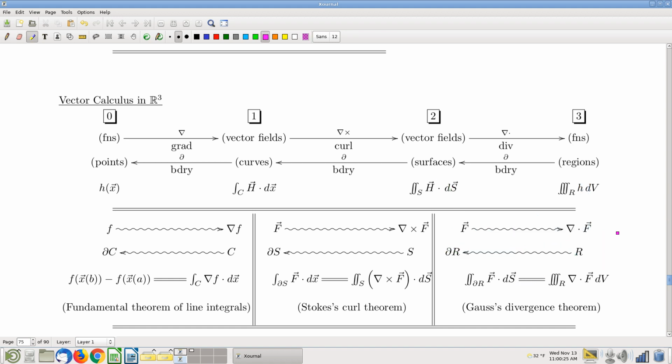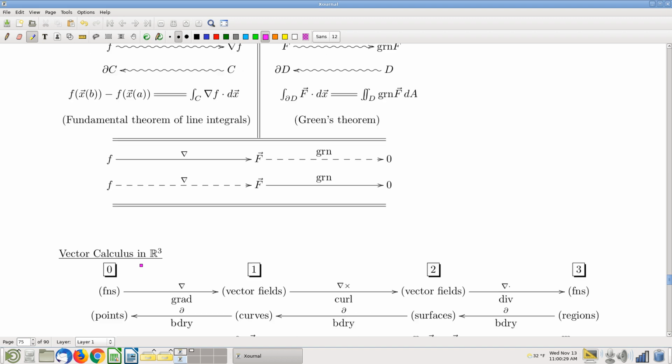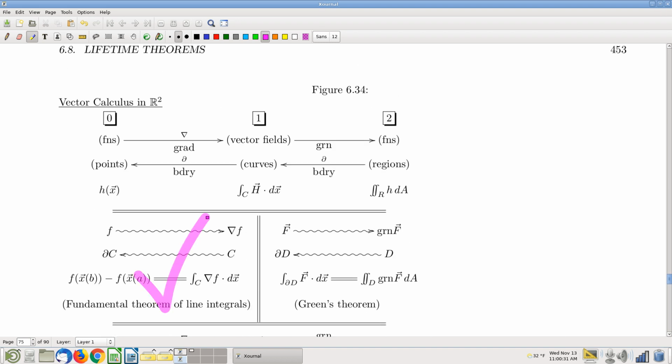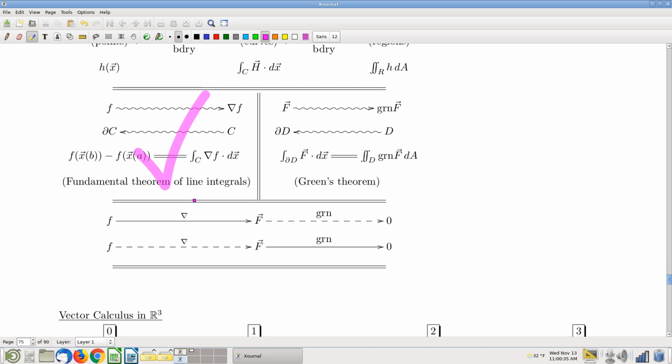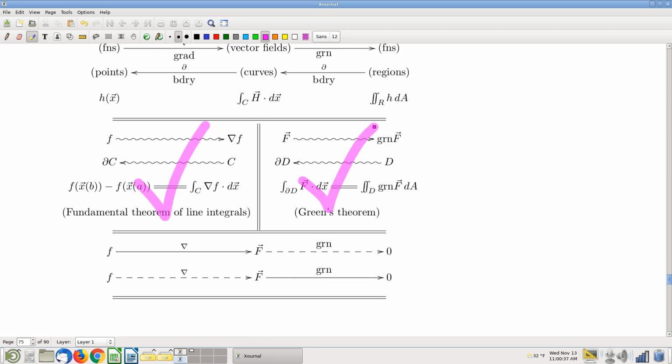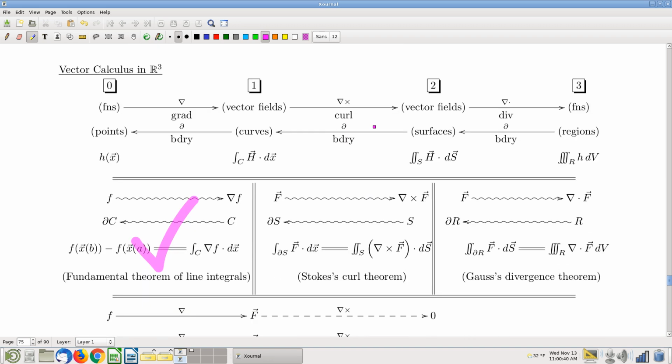Okay, let's fill in the blanks on these diagrams. We've done the fundamental theorem of line integrals in 2 dimensions and in 3 dimensions, then we did Green's theorem, and now we have done Gauss's divergence theorem. We had a little digression talking about flux. But having done that, you can probably guess what's going to come after Gauss's divergence theorem.